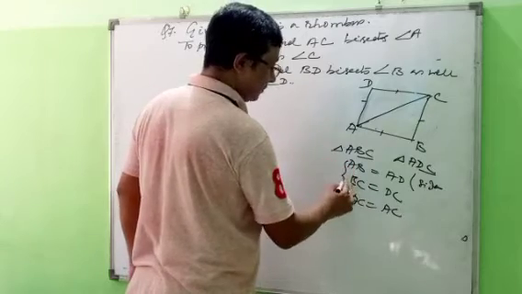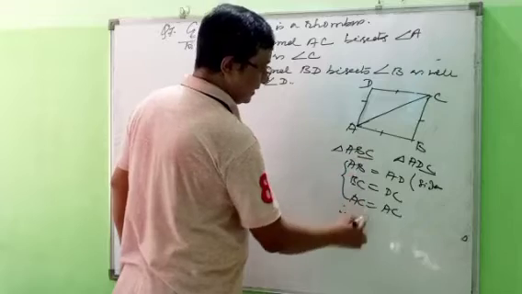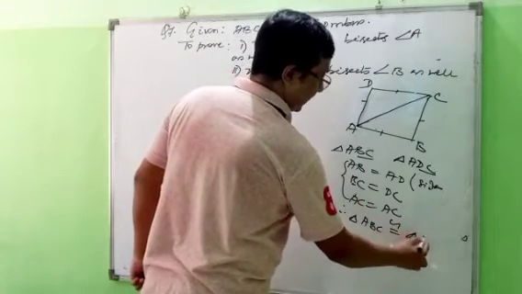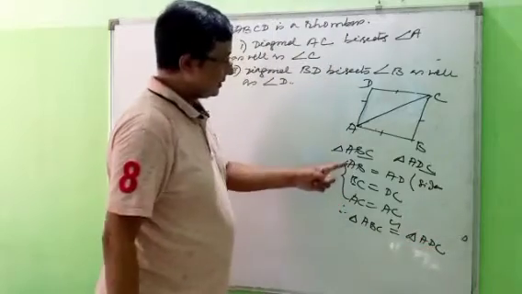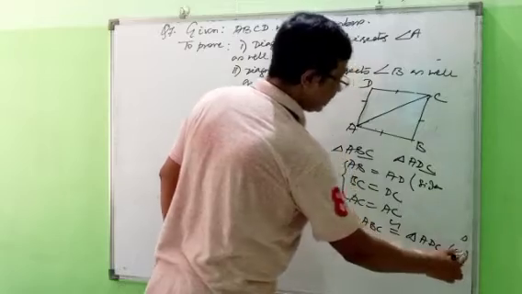So you got the three conditions. Therefore, triangle ABC is congruent to triangle ADC by SSS.